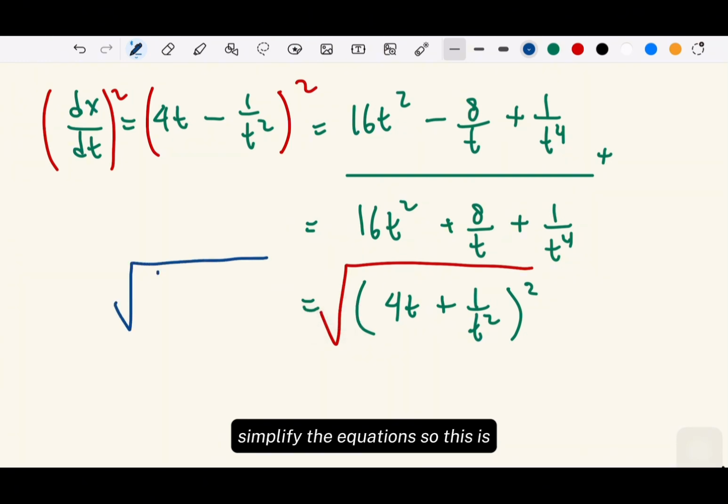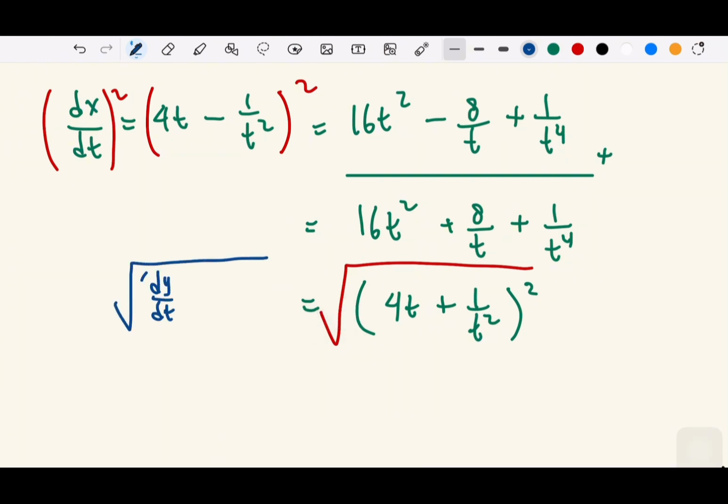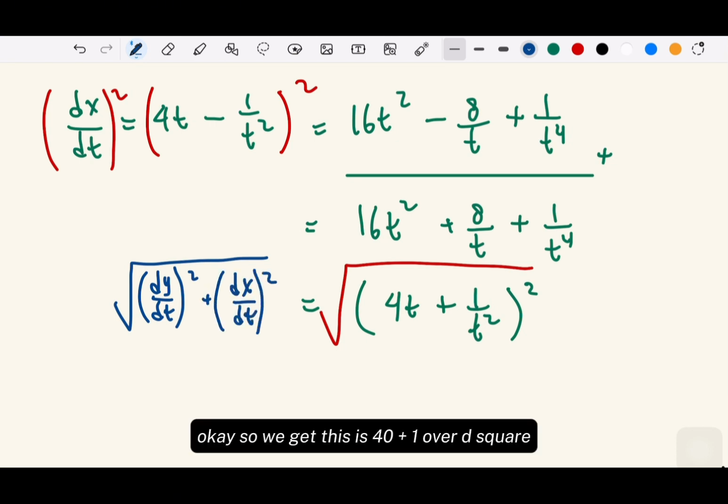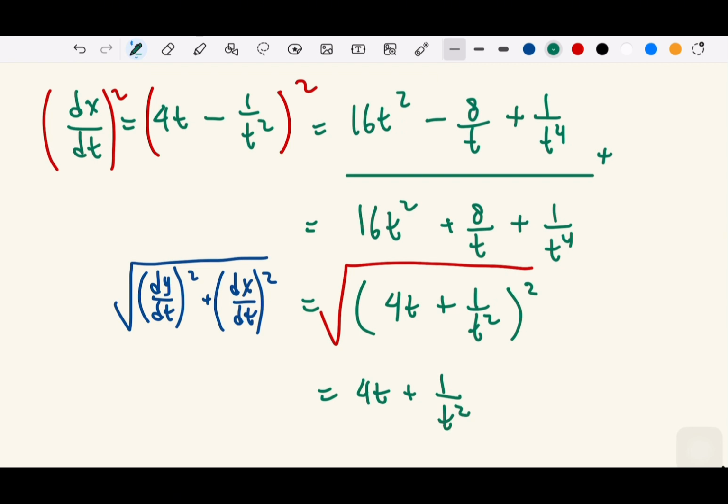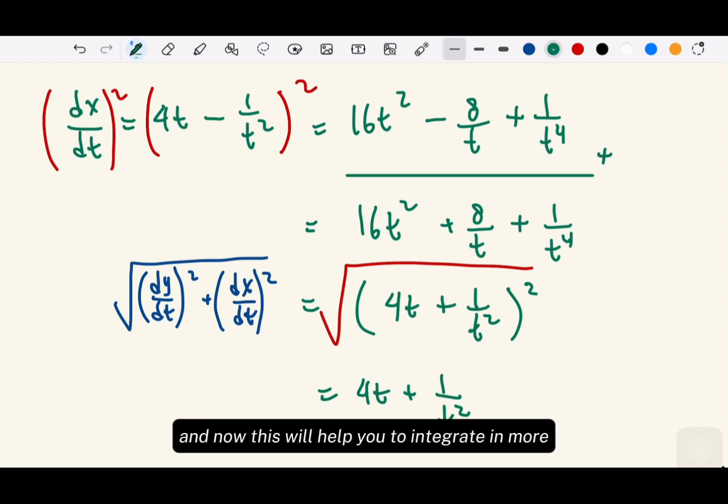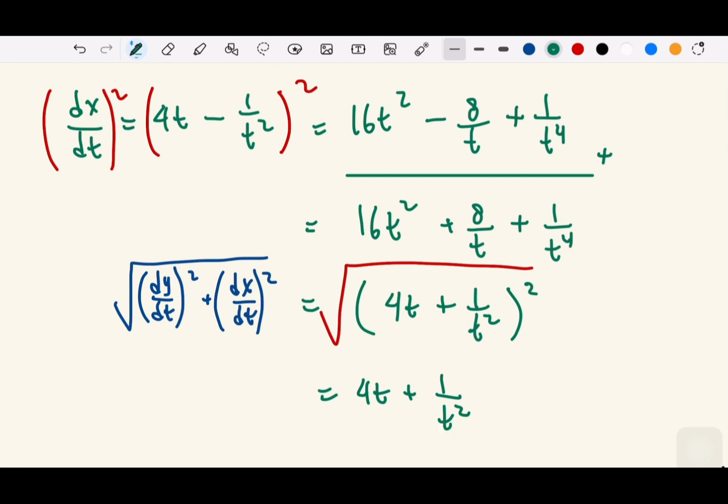So we get 4t plus 1 over t squared. And now this will help you to integrate in a more convenient way, right?